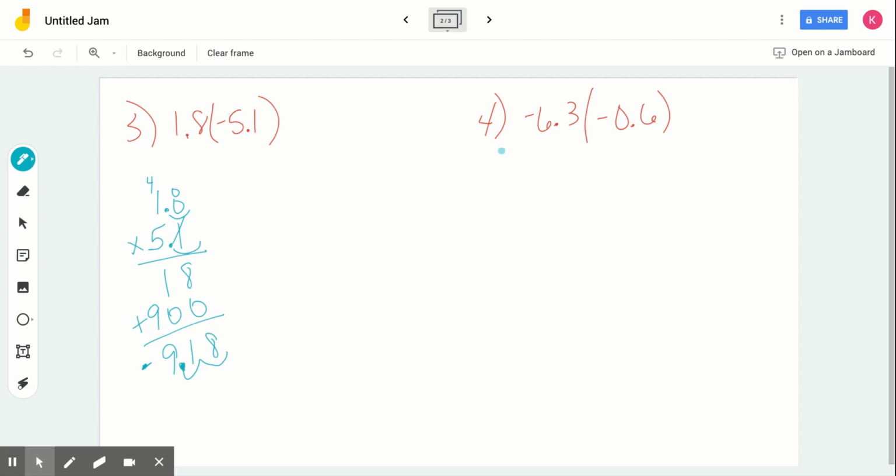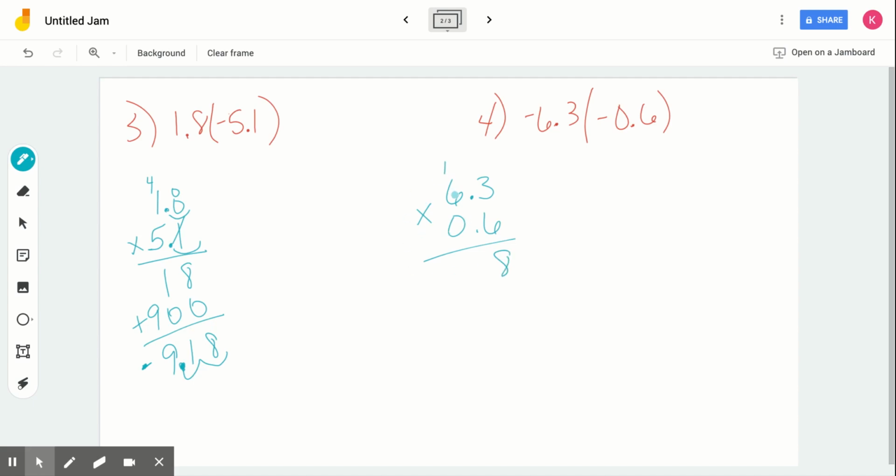Now, if we look at number 4 again, we have 6.3 times 0.6. Go ahead and give this one a try. When you multiply, start on the right side. 3 times 6 is 18.